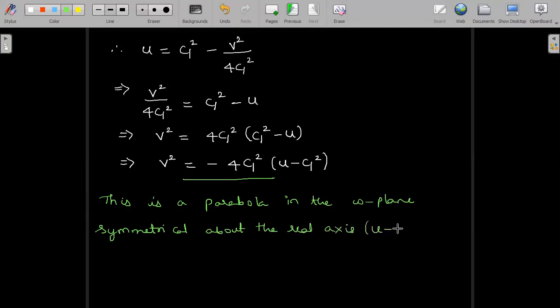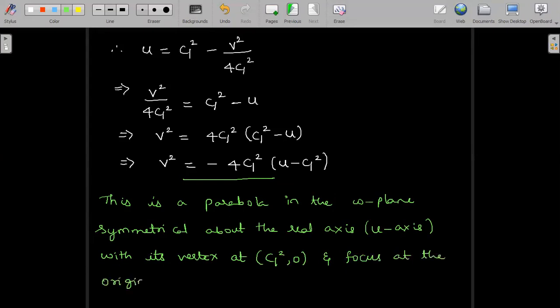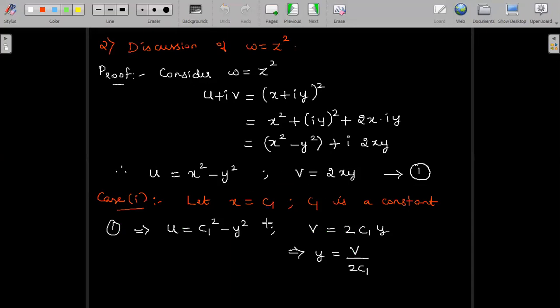Real axis here means the u axis, with its vertex at C1 square comma 0 and focus at the origin. So this is the conclusion for the first curve, that is x is equal to C1.